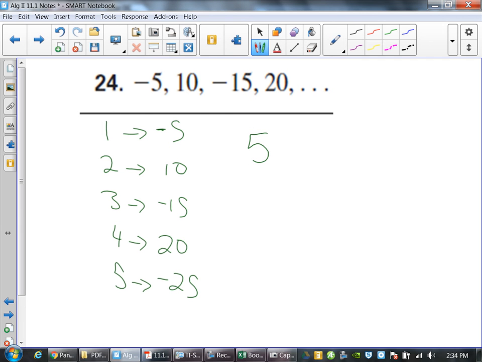So it'd be 5n. What is it? 5n times negative 1 to the n would make it alternate. So you're saying 5n times negative 1 to the n? Well, let's check it.